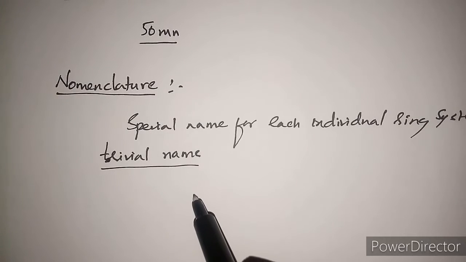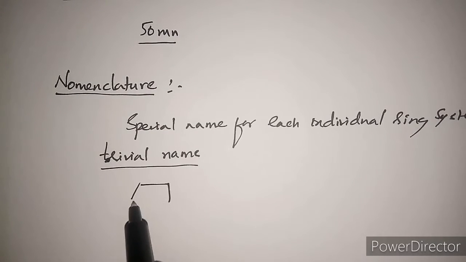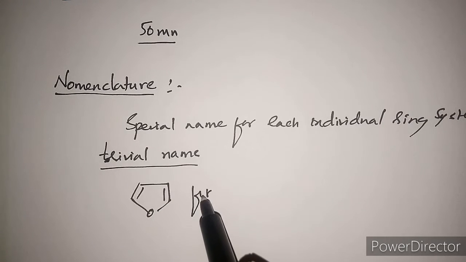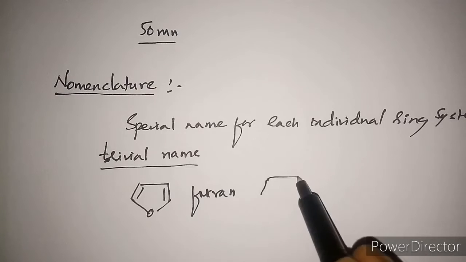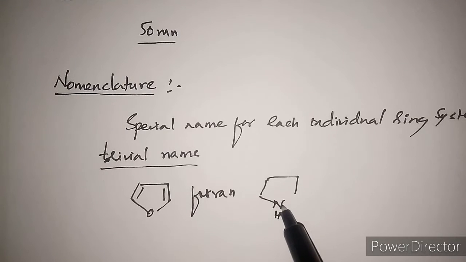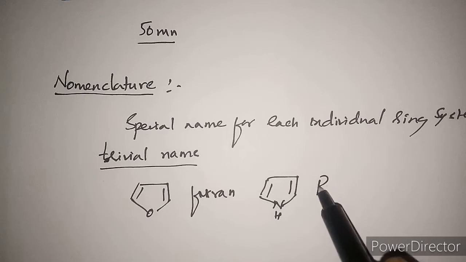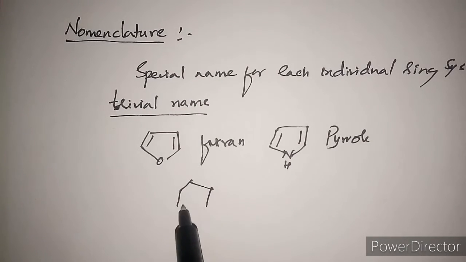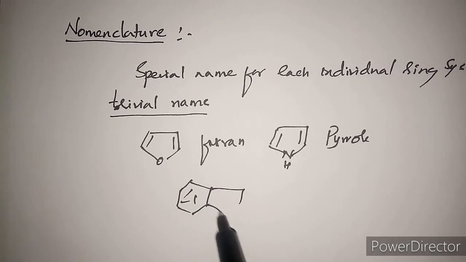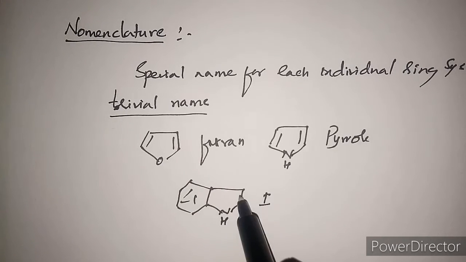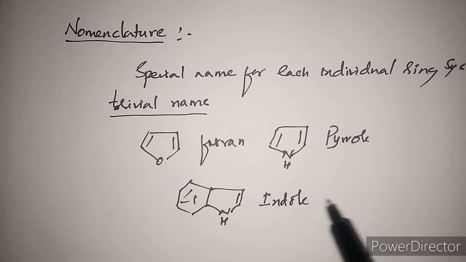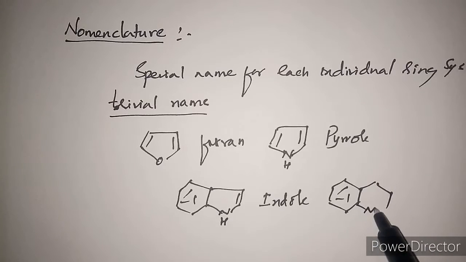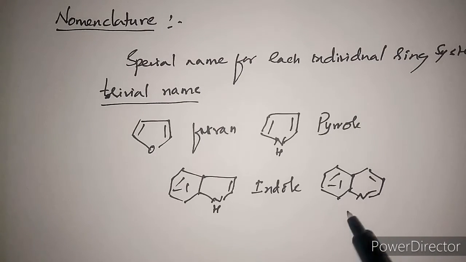Let's take some examples of trivial names. The trivial name for this ring system is furan. Similarly, the nitrogen analog of furan we call pyrrole. And this we call indole. And the six-membered ring along with the nitrogen, we call it guanine.